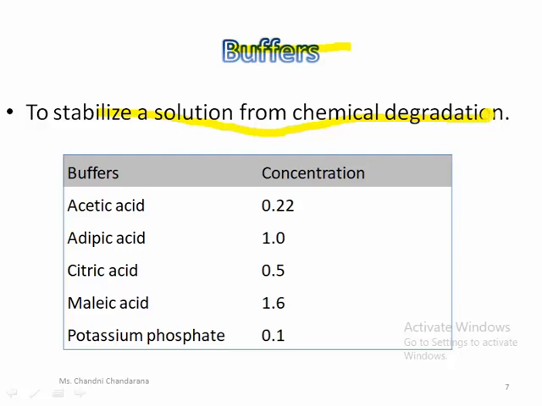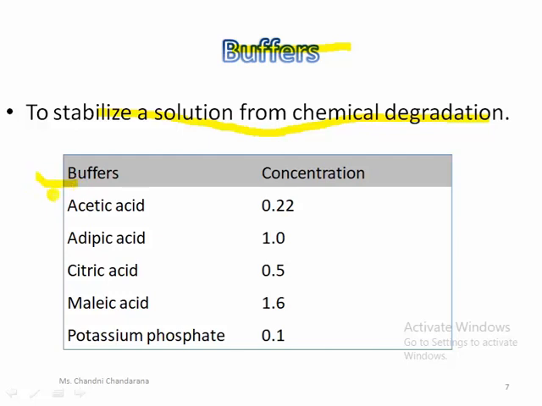We may also observe particles or chemical degradation from the container, which is made of glass, plastic or rubber closure, which release some constituents that react with your solution and can change the pH. So for that we require buffers, to stabilize the solution from chemical degradation by maintaining the pH.